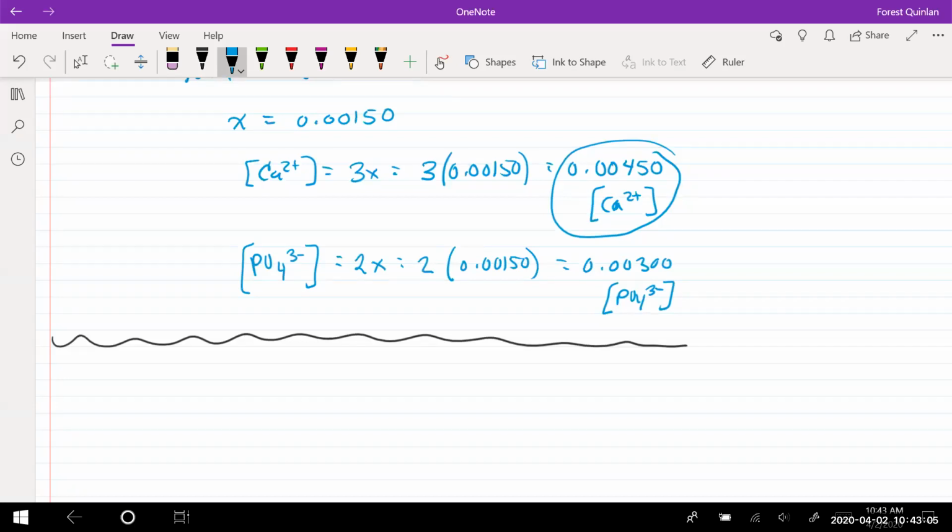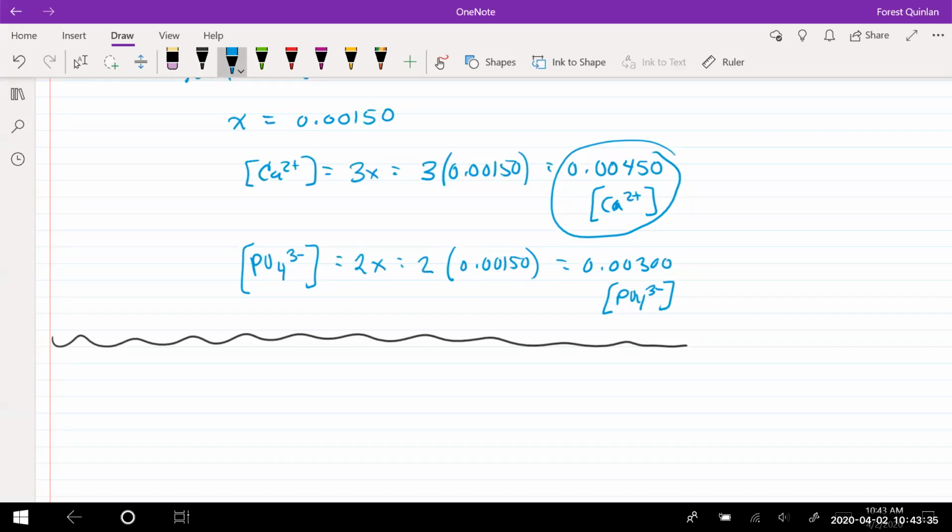If you were here with me in Chem 110, I have this demo where I throw a chunk of marble into water and I shake it up and I say, is this soluble or insoluble? And everyone goes, it's insoluble because the rock is still sitting there. There's nothing going away. We don't see anything. You and I have just proven that some will go into solution. How much? I don't know.